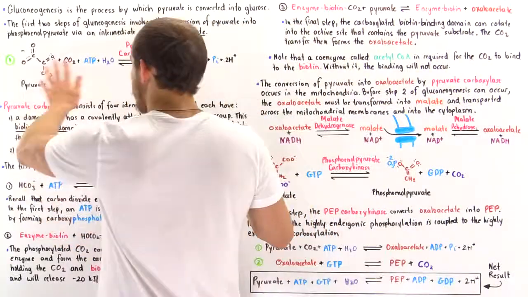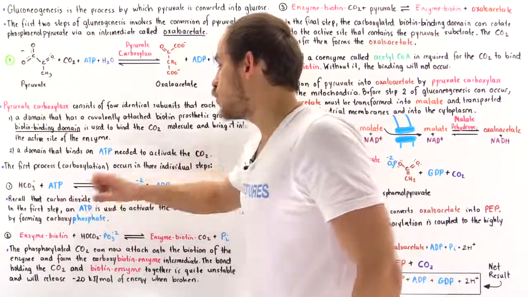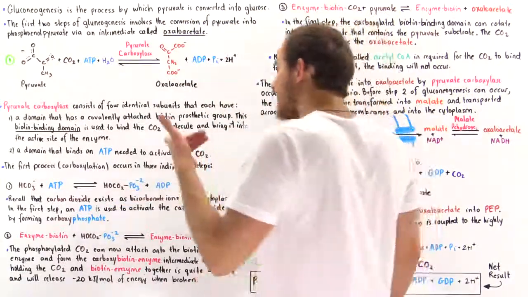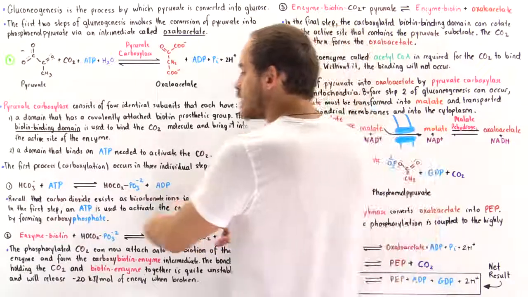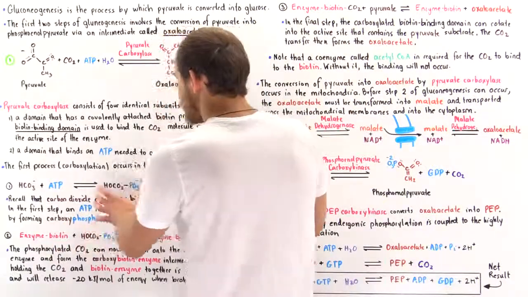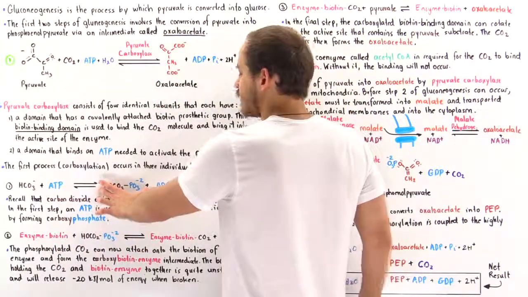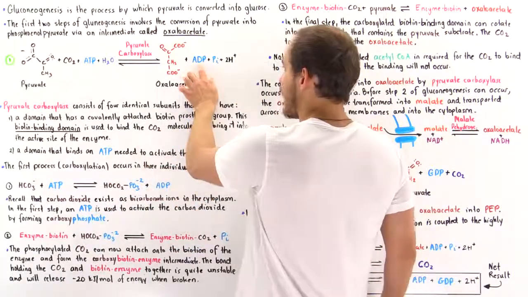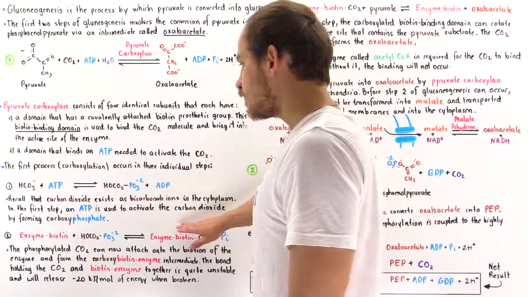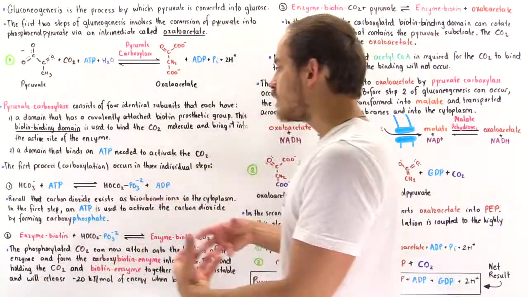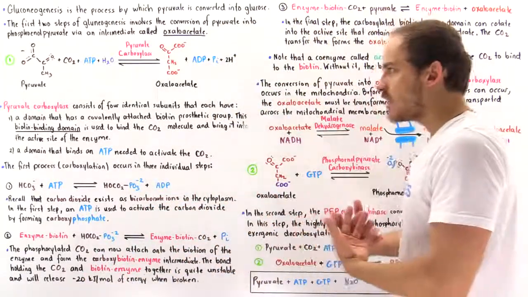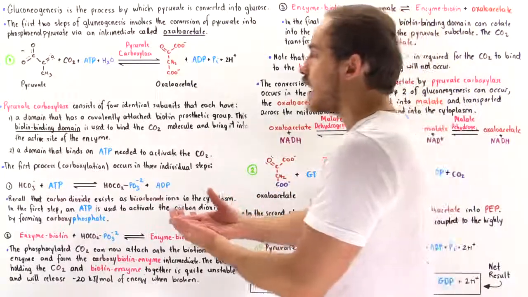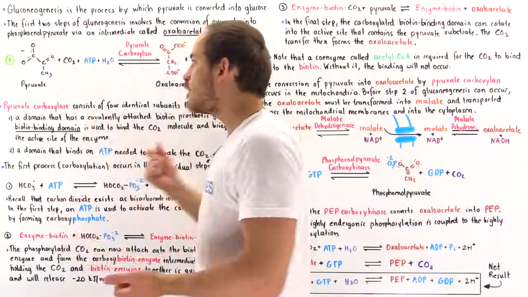And in the first step of this process, we essentially use an ATP molecule to activate the carbon dioxide to form the carboxyphosphate. This is our carboxyphosphate complex. And so we form the ADP that we have here on the product side. So now that we have an active CO2 molecule, it is ready to be attached onto the biotin component of that enzyme.